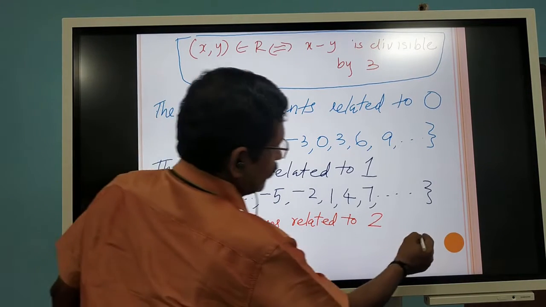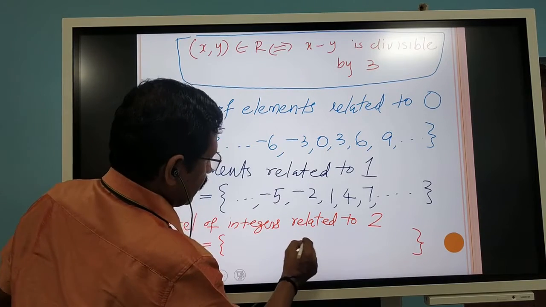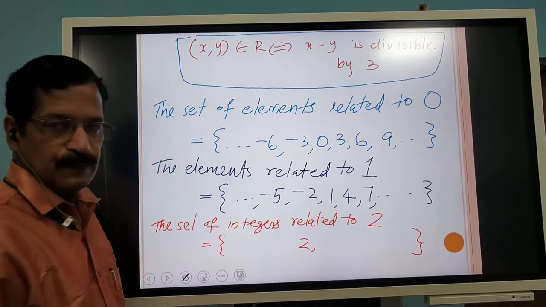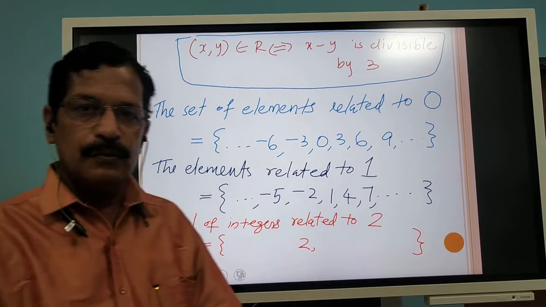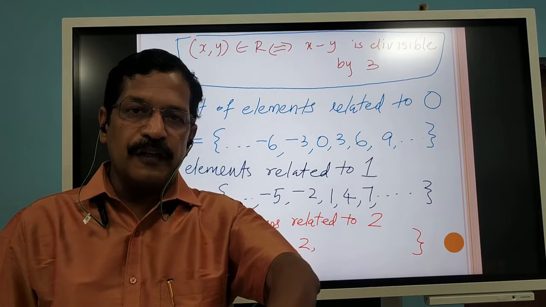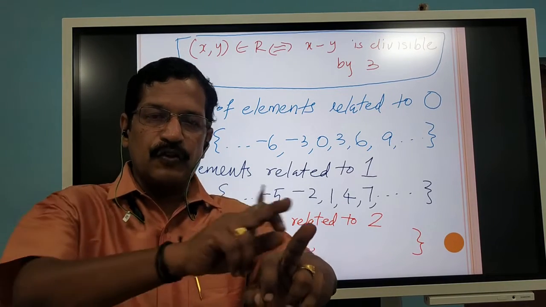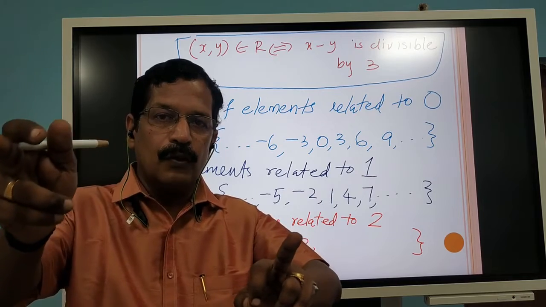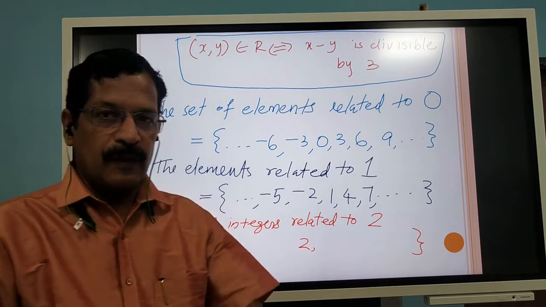Of course, 2 is related to 2 as it is reflexive. Now, whether 3 is related to 2? Not possible, because 3 minus 2 is 1, it is not divisible.